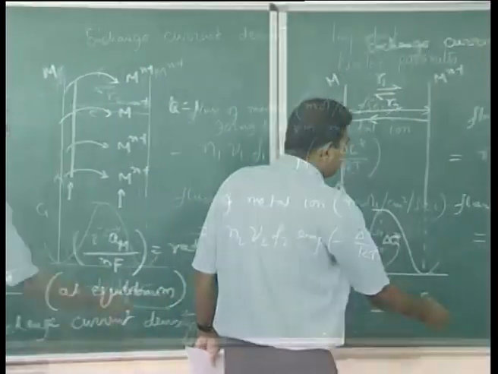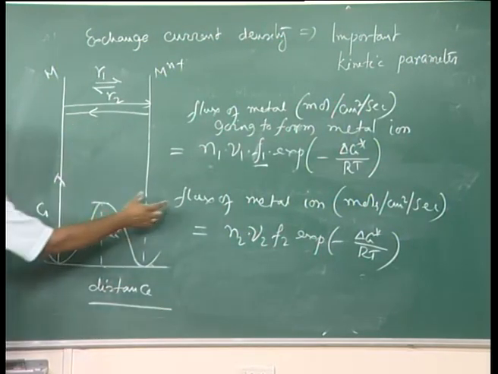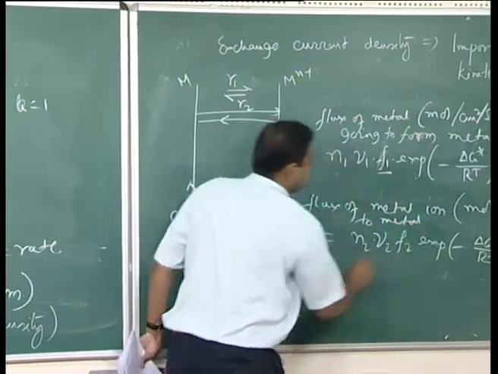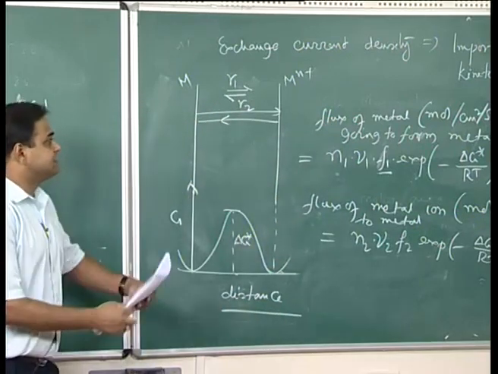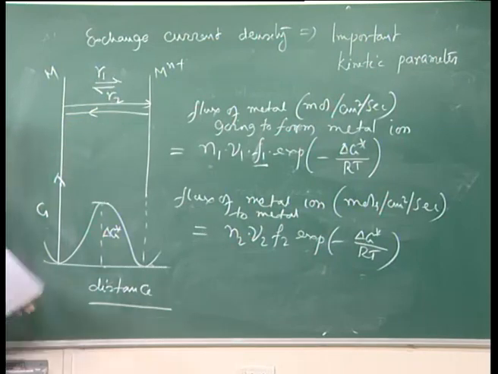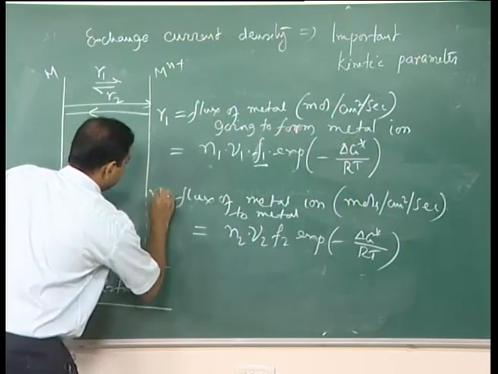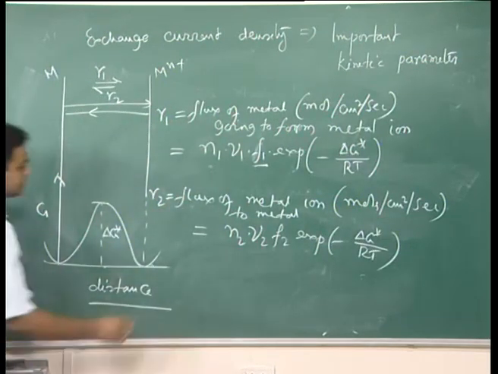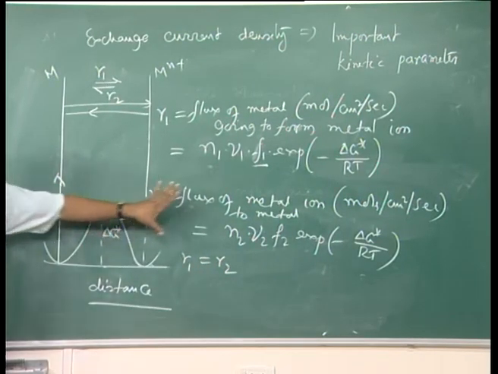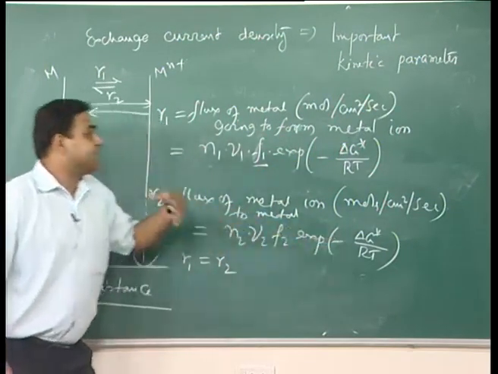Now, you see that at equilibrium, the flux of metal ion going to metal should be equal to this, because this is the rate and this is the rate, and we know that at equilibrium R1 equals R2. The del G star is the same in both cases, so the exponential terms will get cancelled.